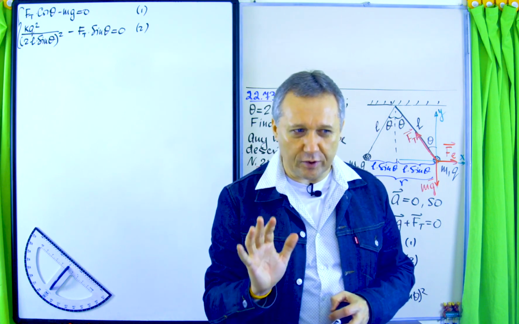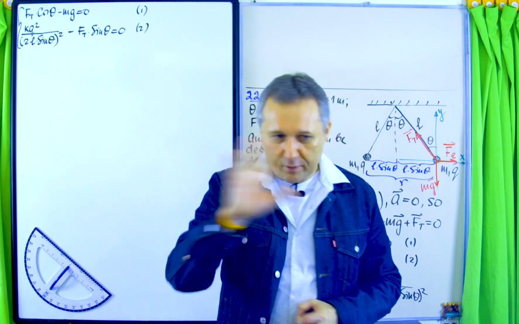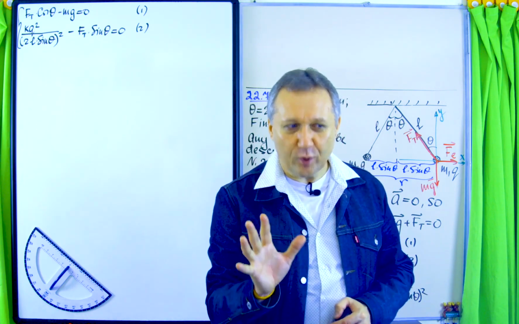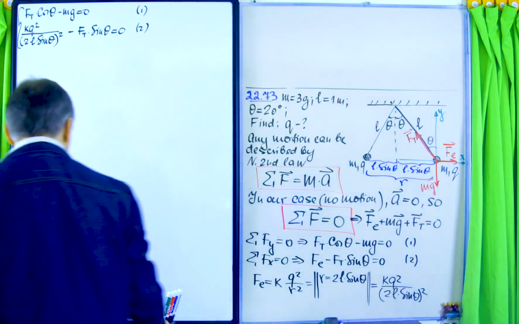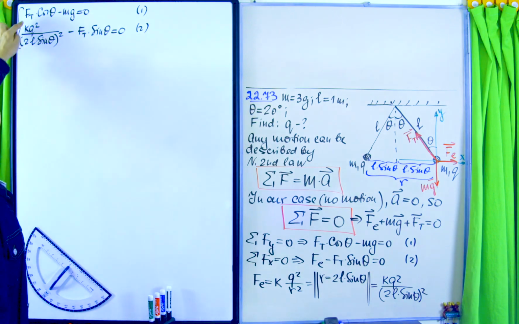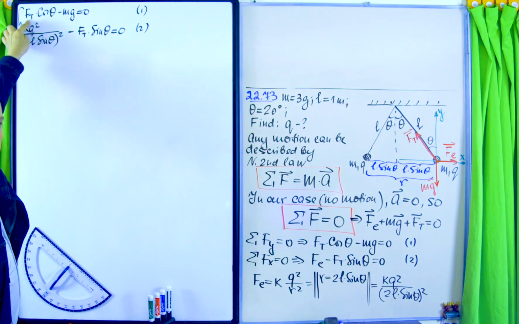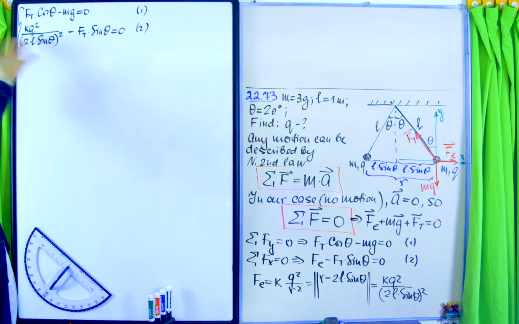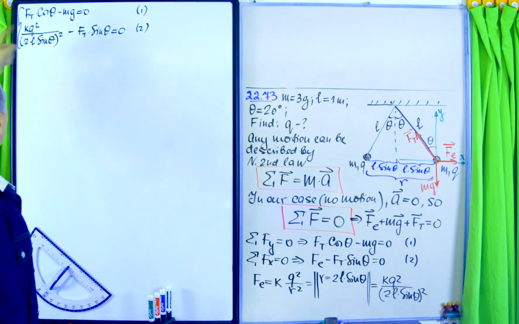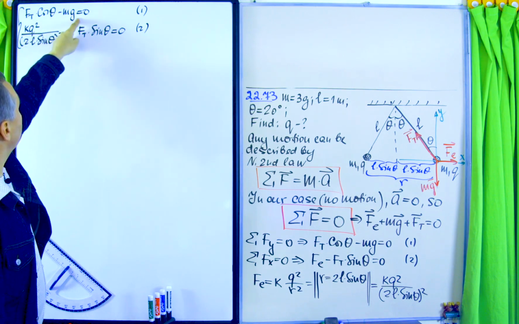Let's start counting unknowns. How many unknowns do we have in these equations? Tension is unknown. It's not given, and in our set of equations, it's unknown. Angle is given, mass given, g is given.